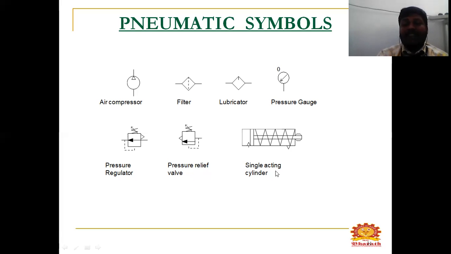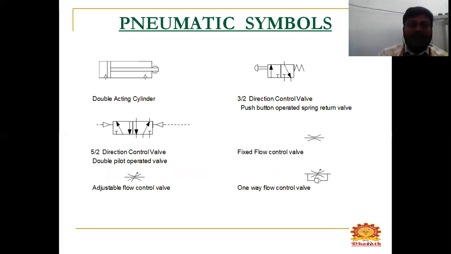And this is a single acting cylinder. A single acting cylinder has a single port, and for the return stroke it has a spring-like structure. This is the spring. This is called a single acting spring return cylinder. And this one is a double acting cylinder, where we have two ports.